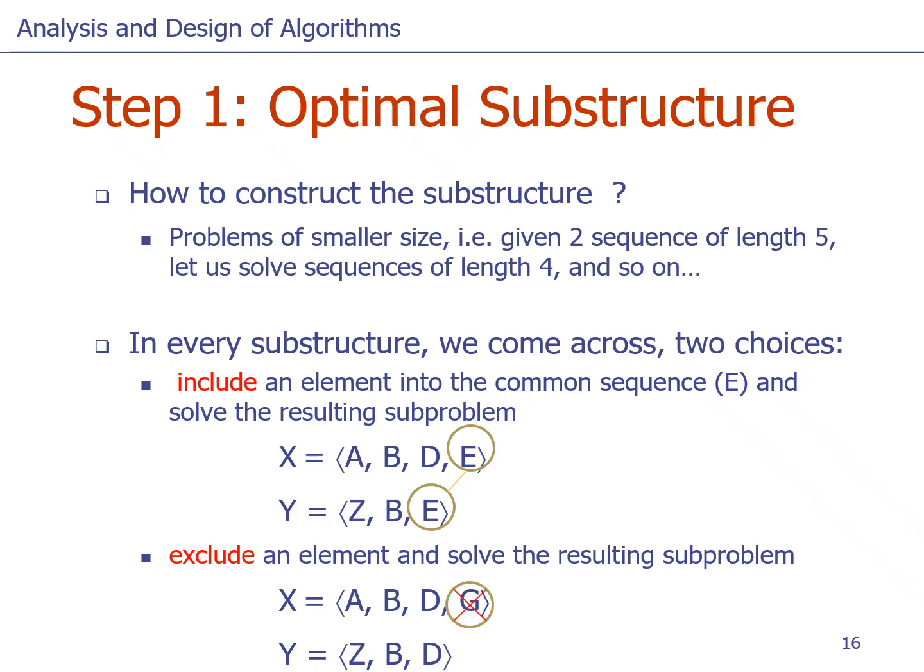Now, let's dive directly into what we're going to do. I'm going to read it and then explain it along the way. It says, in every substructure, we come across 2 choices. I'm showing you here an example where the 2 strings are not of the same length.